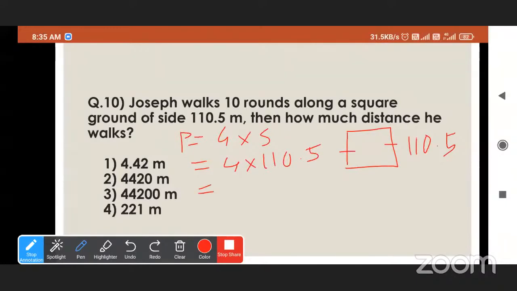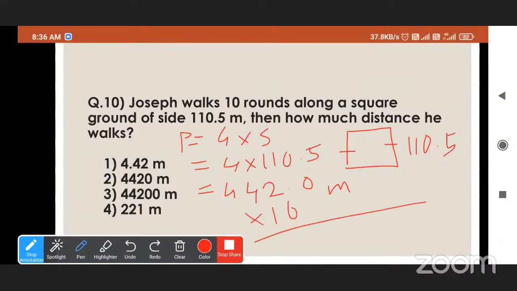4 5s are 20. 4 1s are 4. That is 442 meter. But he walks 10 rounds, so we have to multiply it by 10.